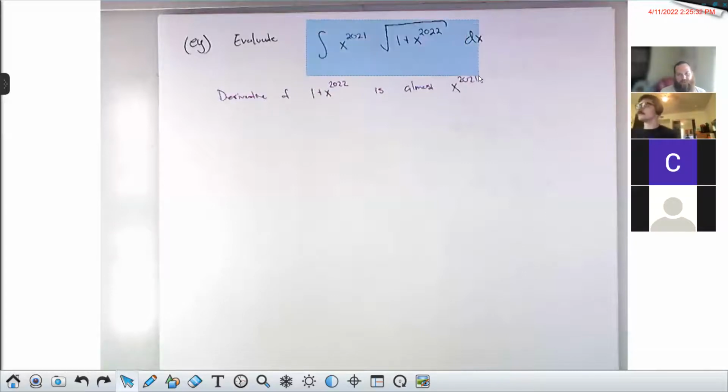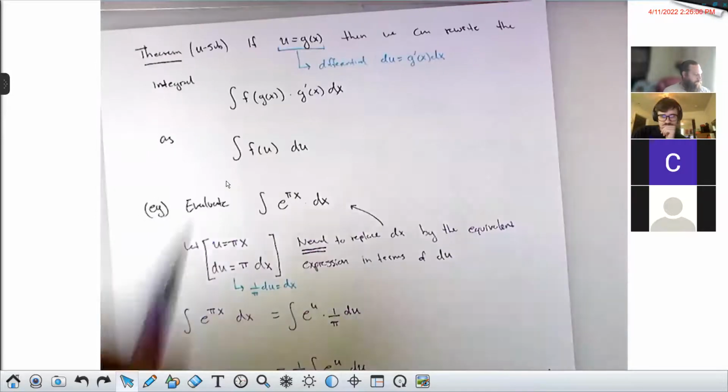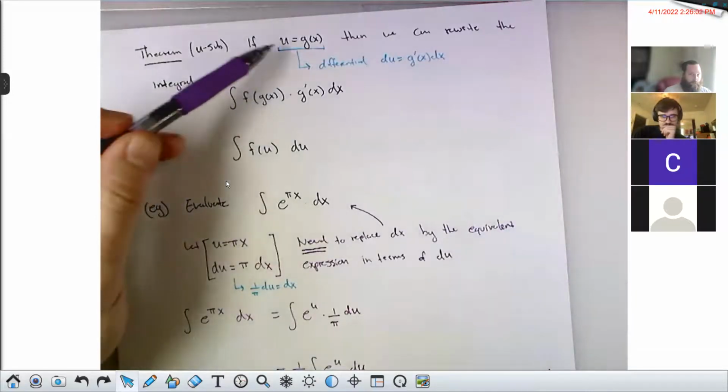So can anybody suggest a substitution, thinking of square root as the outer, this is the inner, and this is being like the g prime, the derivative of the inner? Remember, we generally want to substitute for the inner function.